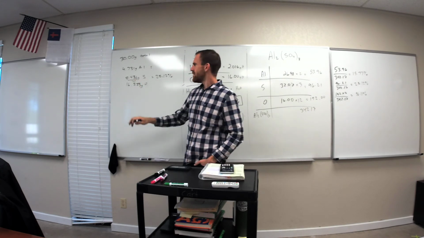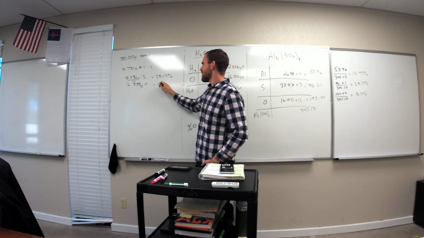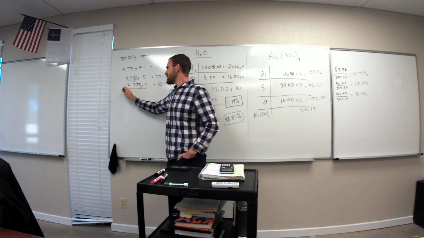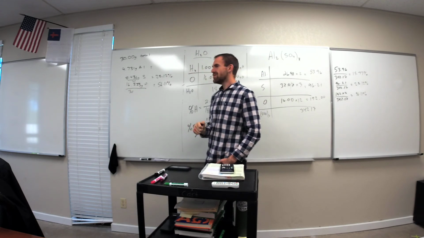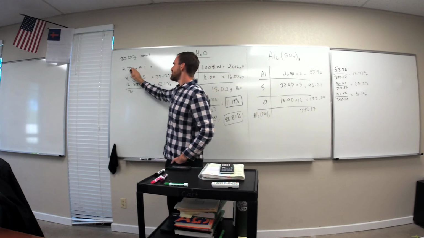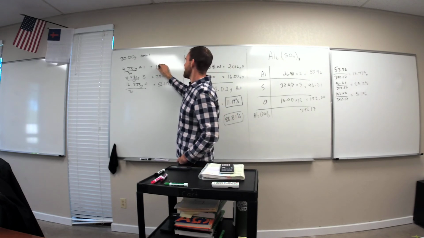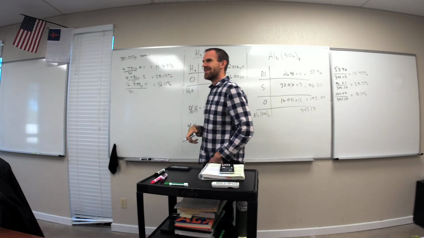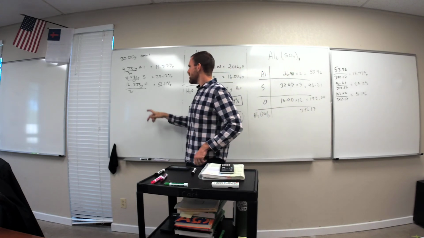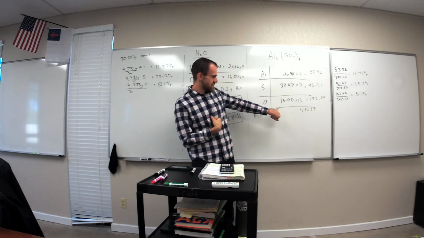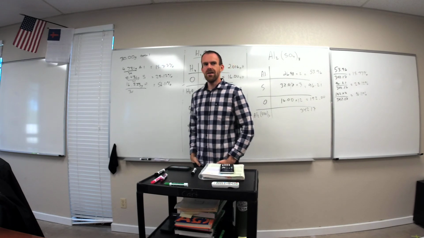Oxygen, the answer is? 56%. Oh, hey, look, if you divide this by 30, you get that. Wait, oxygen. Well, there's a lot of oxygen in this, right? Because there's 12 of them. Usually sulfur would take over, but that's that.